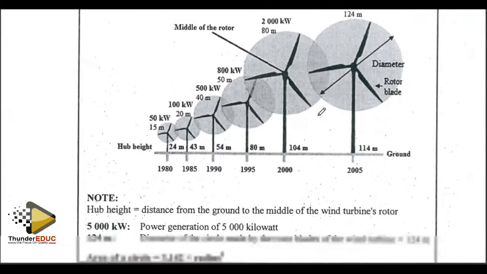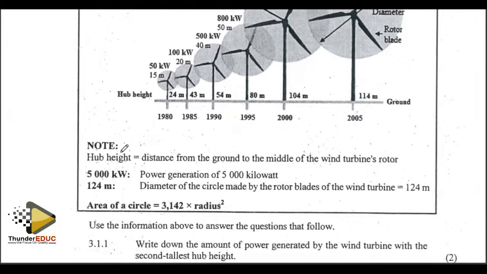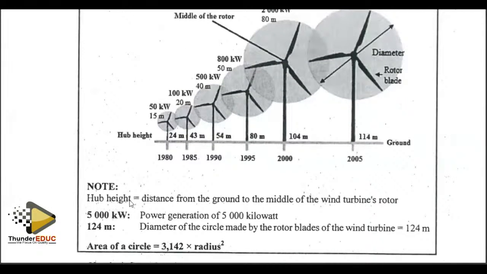These are the heights that we're looking at, the hub heights. The hub height equals the distance from the ground to the middle of the wind turbine's rotor. To the middle, in actual sense, it's the center of the rotor here.